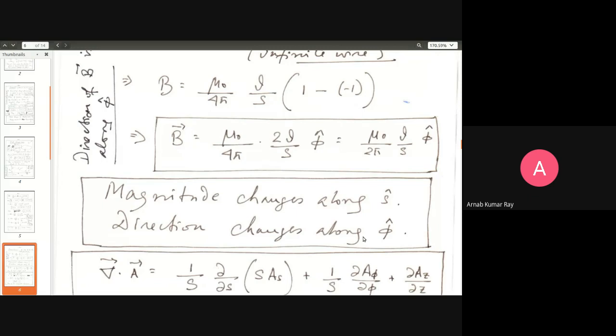But here, in this case, the magnitude is dependent on the S coordinate, but the direction is along the phi direction, unit vector phi. That is an important feature of the magnetic field.